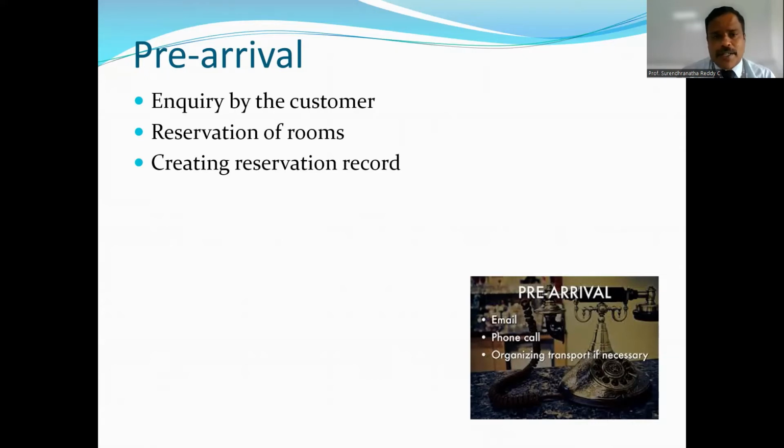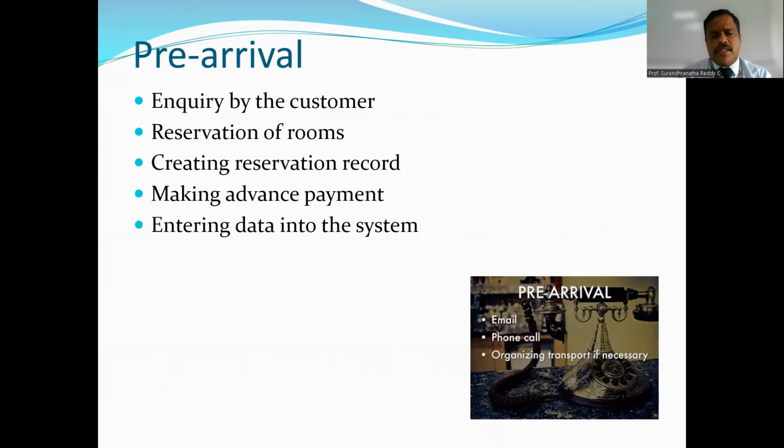The details will be provided to the hotel reception to record your name, your phone number, which date you want to travel, how many rooms you want. All that information will be recorded by the hotel. In some cases, you make an advance payment also. If it's an online booking, they will expect you to pay at least some portion of the money. The remaining you can pay once you vacate the hotel. Then the data will be entered into the system and stored, and there will be reminders from the hotel about your reservation.